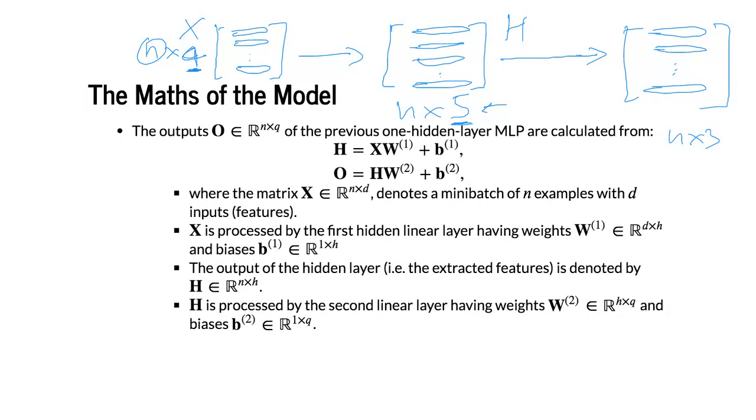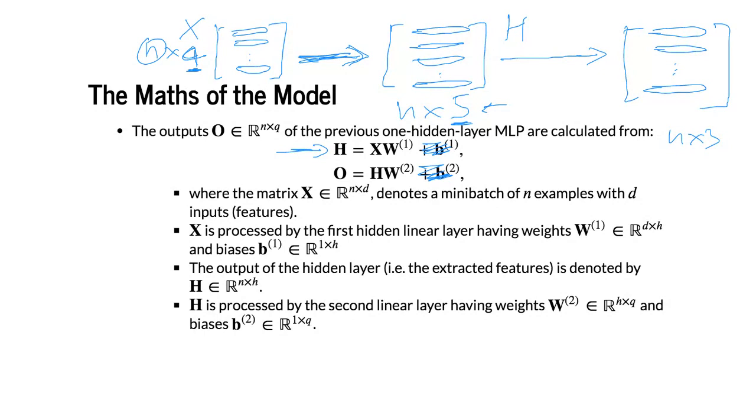So this transition over here from X to H is described by this equation over here. I have ignored the biases all this time to simplify things. I can always add something to the result, which is this bias, but it is not so important to understand how this works. So let's ignore the biases, or let's assume that the biases are 0.